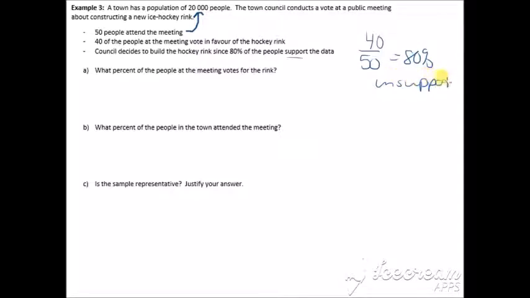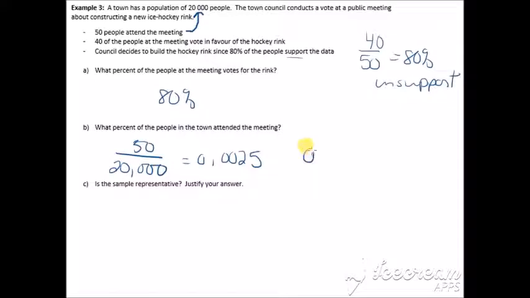But let's read A. What percentage of the meeting votes for the rink? Well, 80%. But what percentage of the people in the town actually attended the meeting? Well, it was 50 over 20,000. So if we divide this, we get 0.25%.